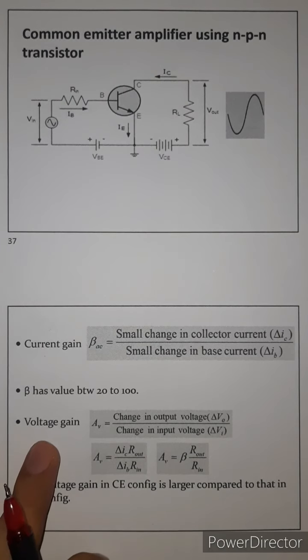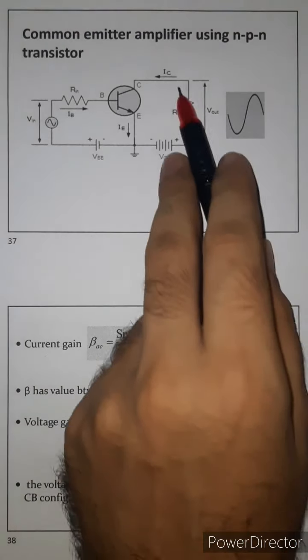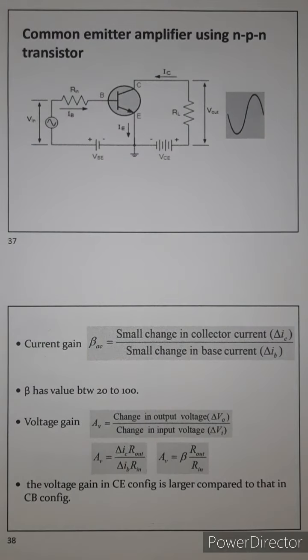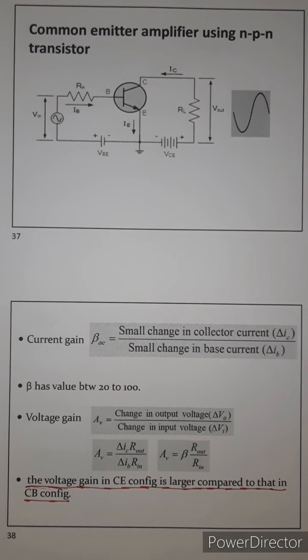Now let us discuss voltage gain, which is defined as the ratio of change in output voltage, delta Vout, upon change in input voltage, delta Vin, which on simplification gives beta times Rout by Rin. Since the value of beta is greater than 1, the voltage gain in case of common emitter configuration is significantly large as compared to the previous configuration, that was common base configuration.